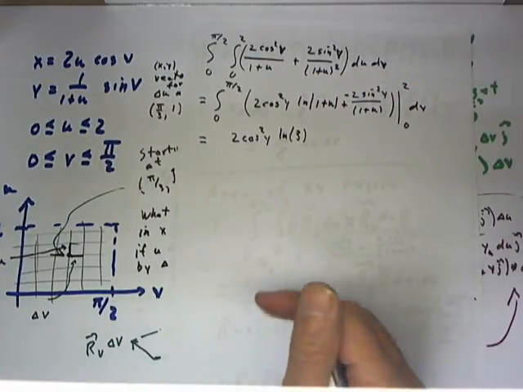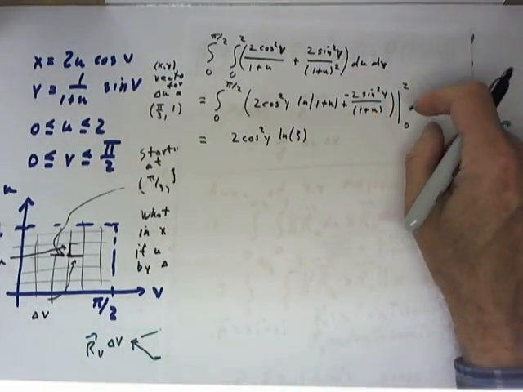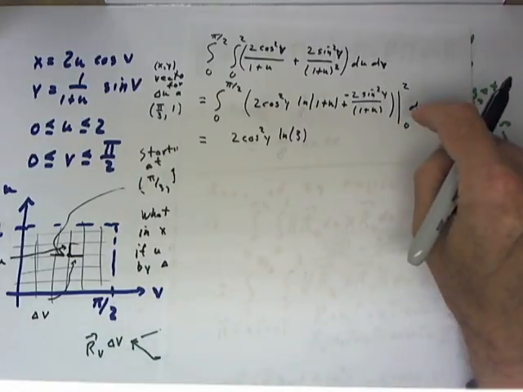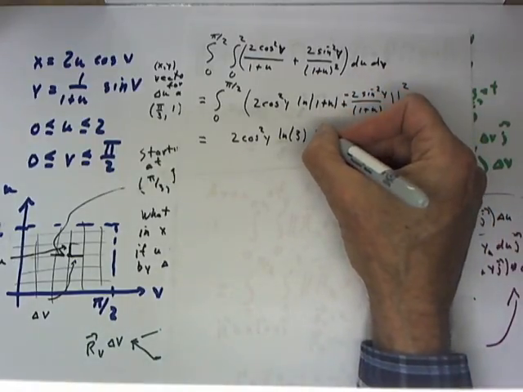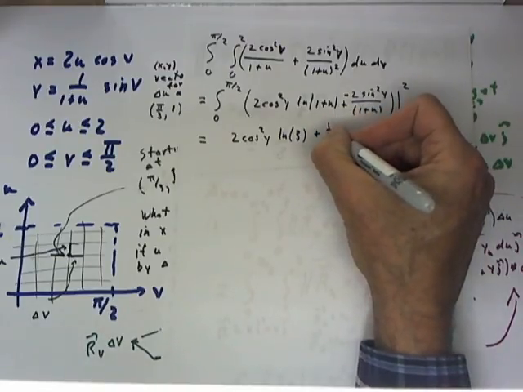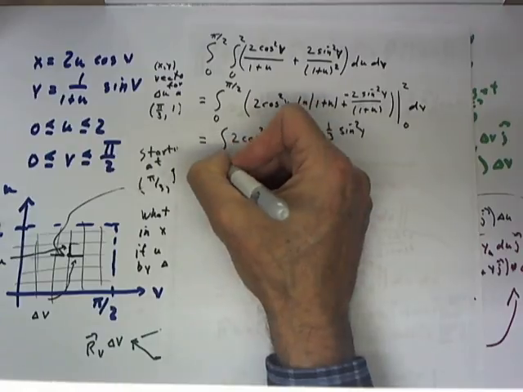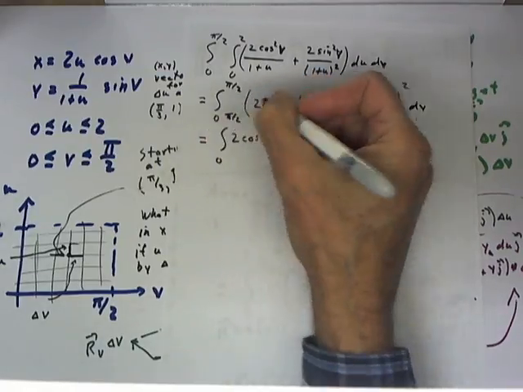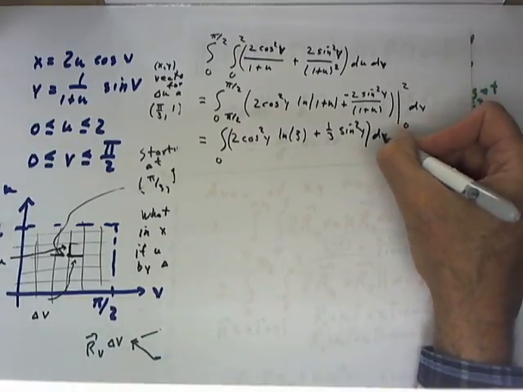1/3 and 1 combined to give us 2/3, and the larger number goes with the lower bound, meaning that we're going to have a change of sign here, and we're just going to get 2/3 sine squared v, all integrated from 0 to pi over 2 with respect to v.